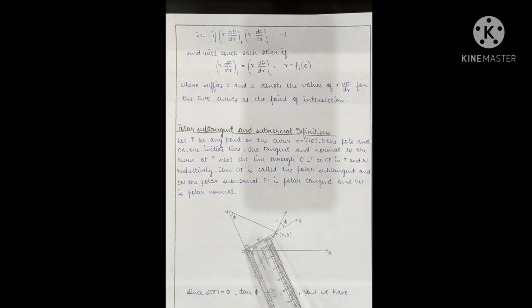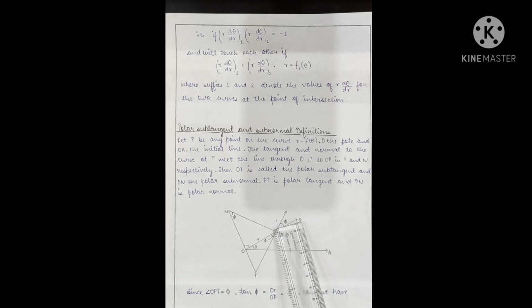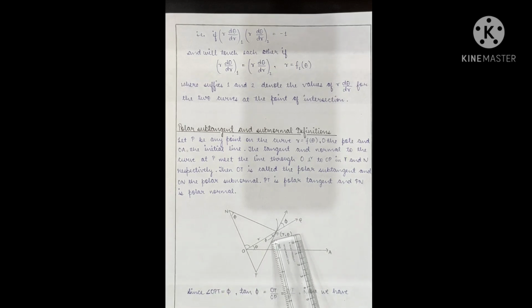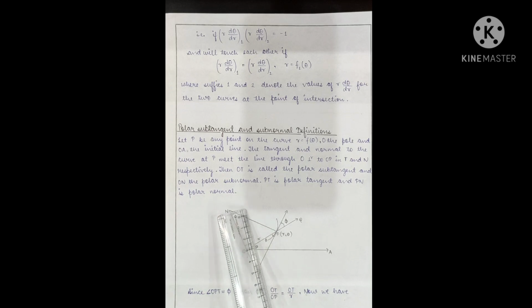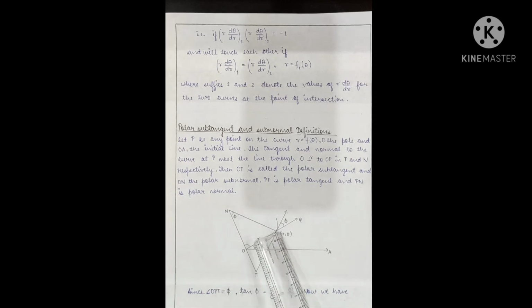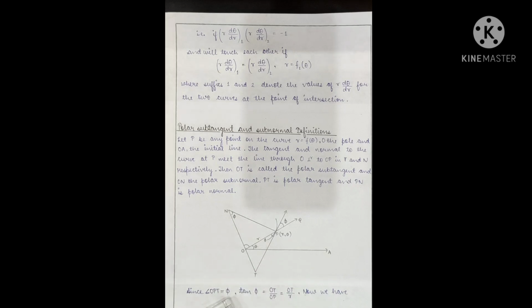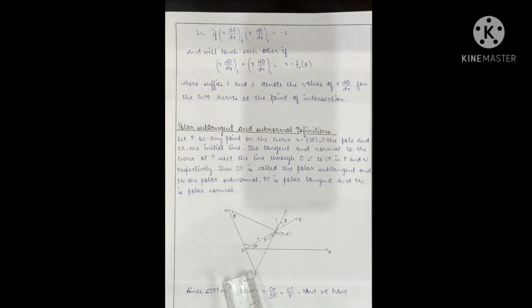Then this OT is called the polar subtangent, this ON is called the polar subnormal, this PT is called the polar tangent, and this PN is called the polar normal. Since angle OPT is phi, we can calculate tan phi. In this triangle we can see tan phi = OT/OP. As OP = r, we have written r here.